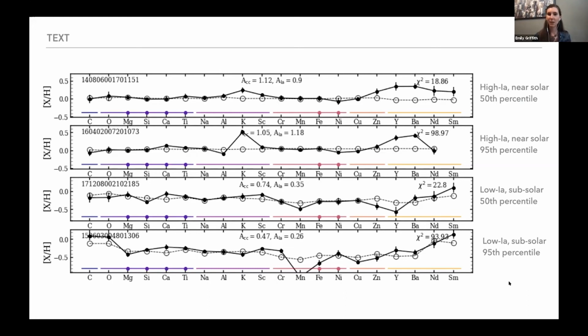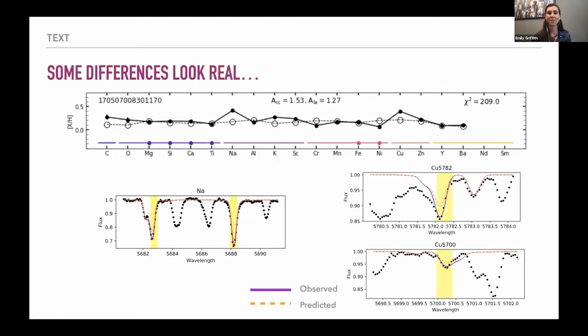Some of the observed abundances that deviate from our predictions do look real. Here is one star that has a high sodium and a high copper value relative to what we would predict. If we look at the GALAH spectra, I'm showing now the sodium and the copper windows, the black points are the observed values, and the purple line is the observed spectra that is reported by GALAH.